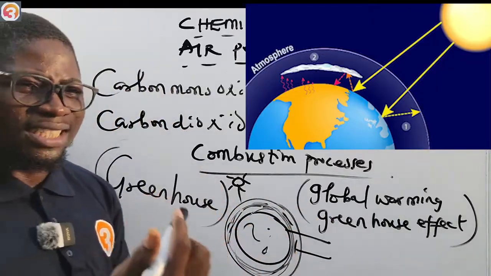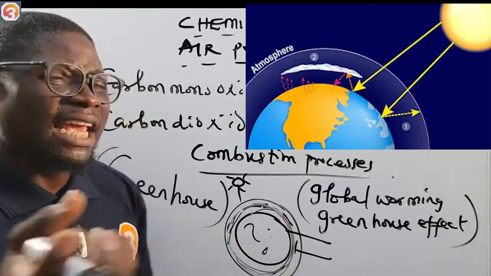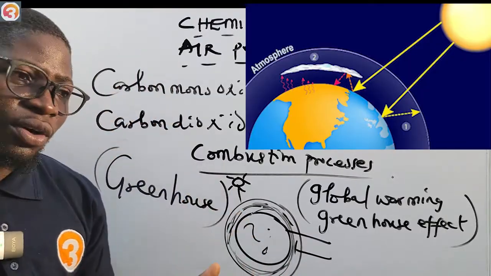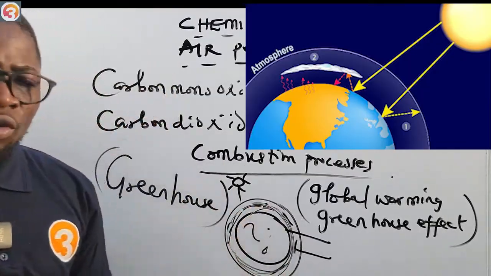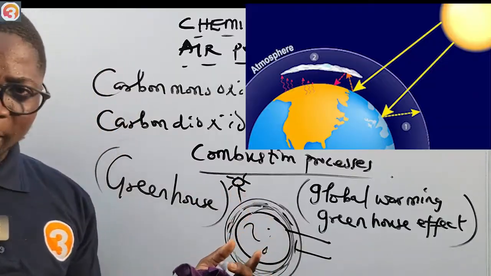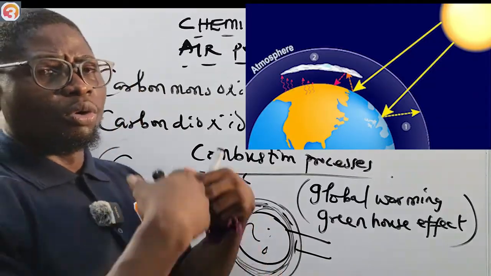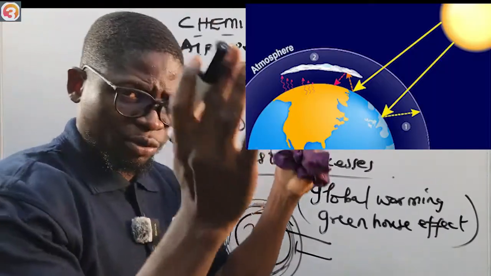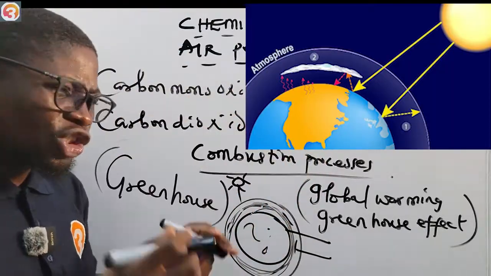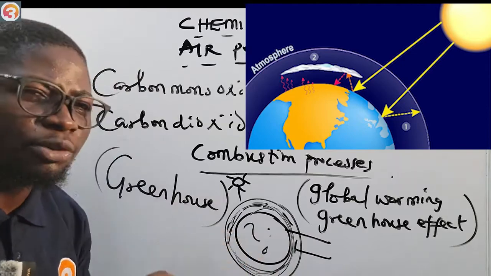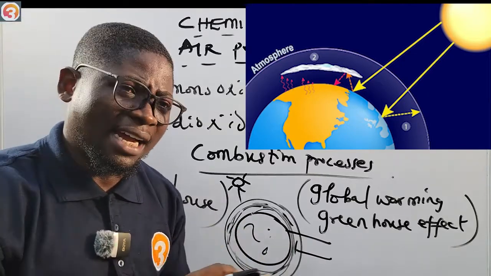It's almost the same analogy, but we do not have a glass covering us. What we have is the atmosphere. So once the sun hits this atmosphere, during the night when everywhere is calm, some of the heat has to go back to the atmosphere, but some of these greenhouse gases trap some of this heat.